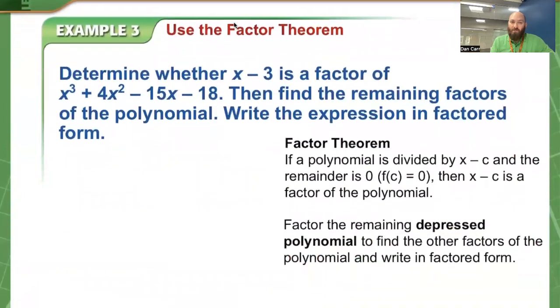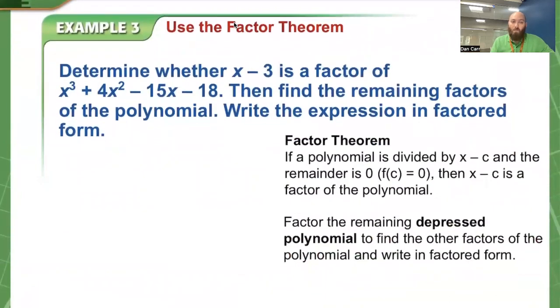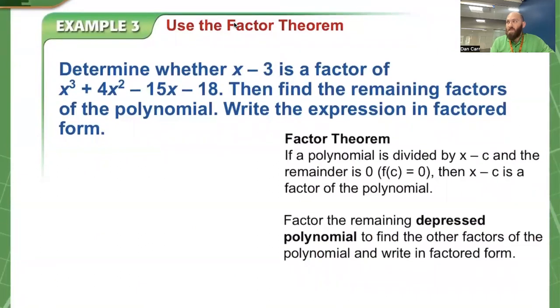Determine whether x minus 3 is a factor of this polynomial, then find the remaining factors of the polynomial. So here's the idea. If this is a factor, we are going to try to divide that into this. So let's do synthetic division here. We're going to do it as x minus 3, so it becomes a positive 3 in that corner there.